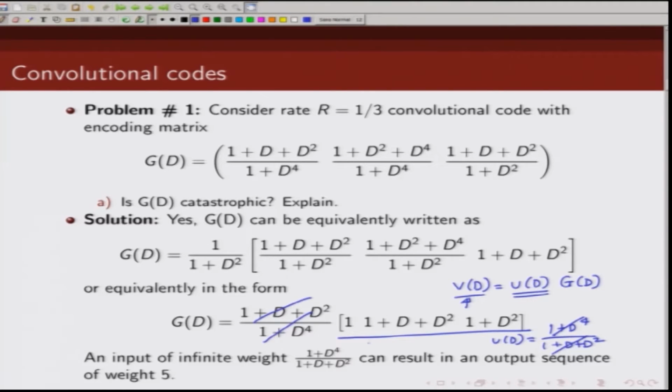Your V of D would be 1 plus D square and 1 plus D square. And what is the weight of this?